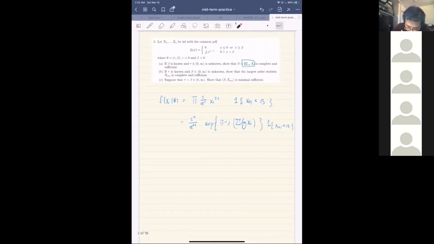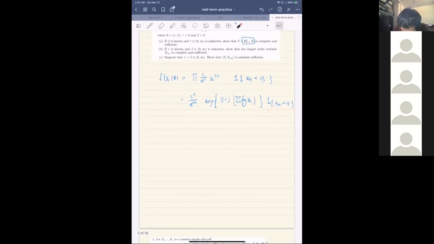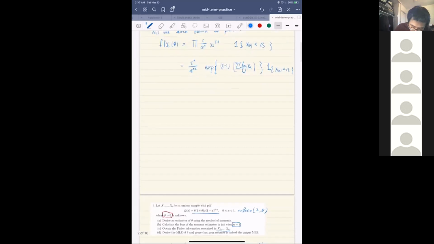I didn't write this because it can simplify the equation. You can write that all the data should be positive, so we only focus on the positive values.